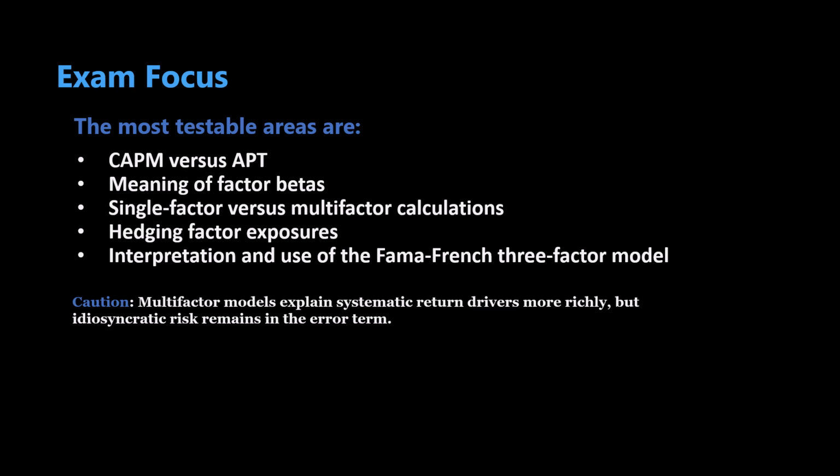In APT, that idiosyncratic part is assumed to be diversifiable in a well-diversified portfolio. So if the exam asks whether multi-factor models eliminate all risks, the answer is no. They provide a richer explanation of systematic return drivers, but they do not remove residual firm-specific uncertainty.